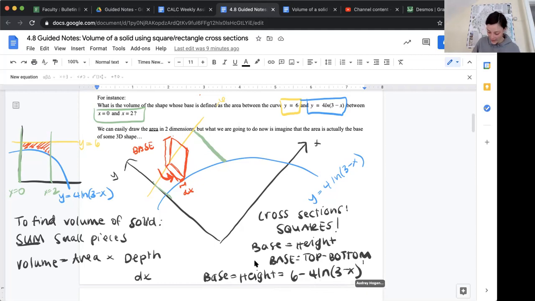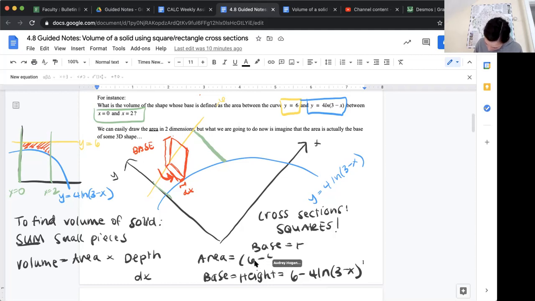So the overall area of the square would therefore be equal to base times height, which is top minus bottom times top minus bottom. So the area is equal to 6 minus 4 ln of 3 minus x times 6 minus 4 ln of 3 minus x, or 6 minus 4 ln of 3 minus x, quantity squared.